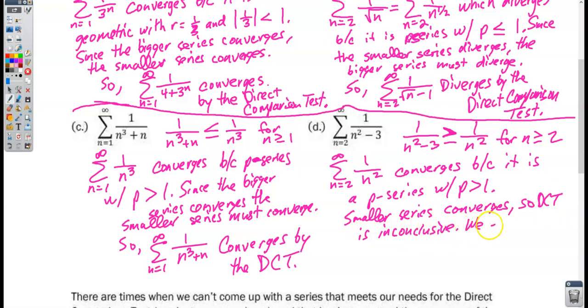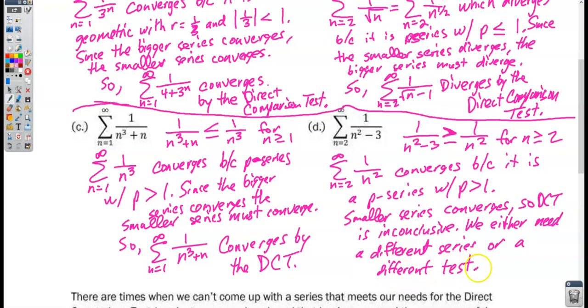We either need a different series or a different test. I find that in most cases, it's better for us to use a different test. And that's what we're going to talk about in our next video: the limit comparison test for convergence.